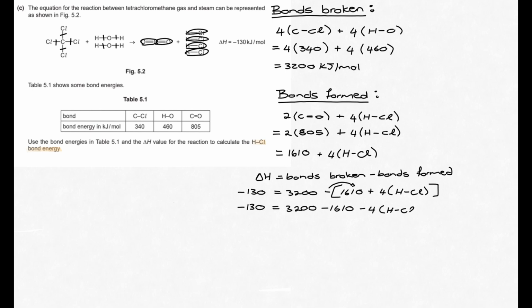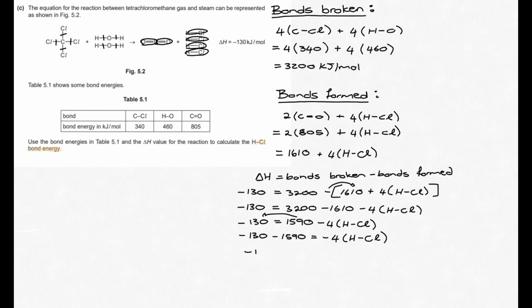I then can do 3,200 minus 1,610, which would give me negative 130 equals 1,590 minus my 4 hydrogen chloride bonds. I can then take over my 1,590, which would give me negative 130 minus 1,590 equal to my negative 4 hydrogen chloride bonds.